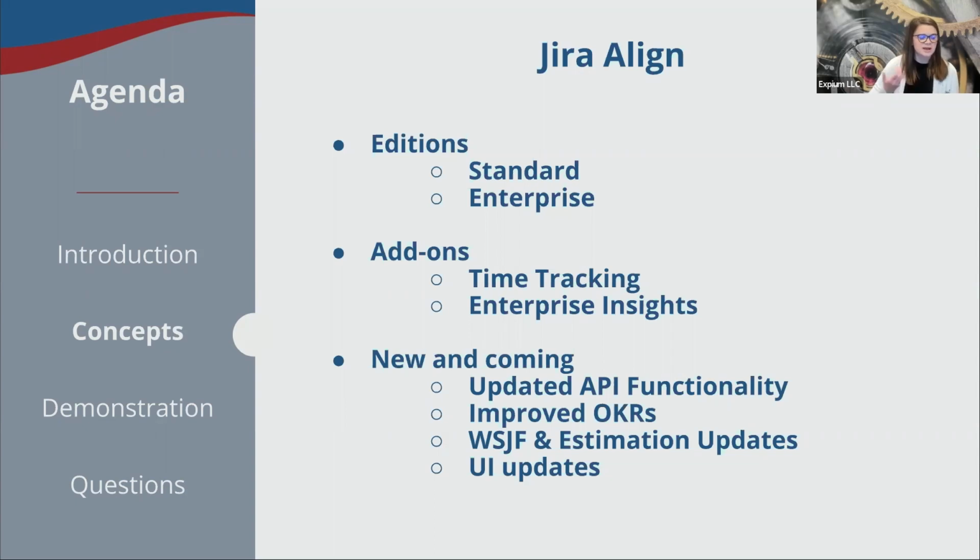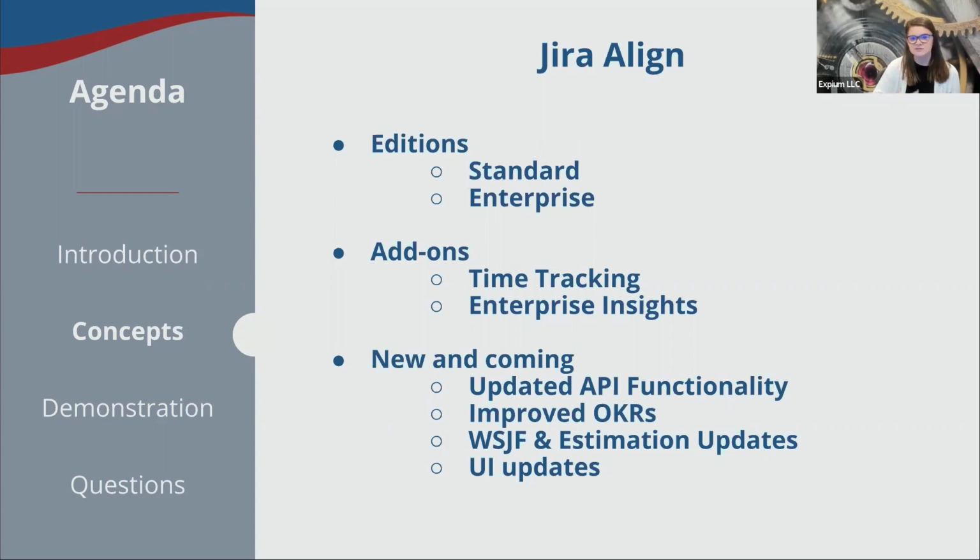And just some new and upcoming additions to the tool. We are seeing a lot of updates with the API functionality. I think almost every release they've had of updates this year have had some impact on the API functionality, which is very encouraging to see. They've also been talking about some improvements with OKRs or objectives and key results. And we actually saw a snippet of this in a previous update. They had a temporary release of it.